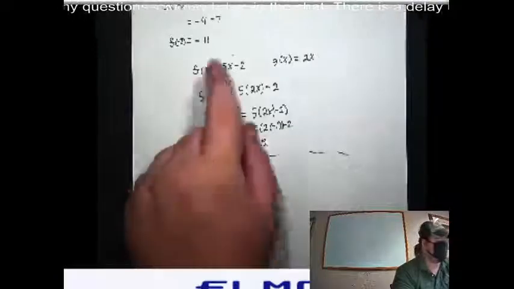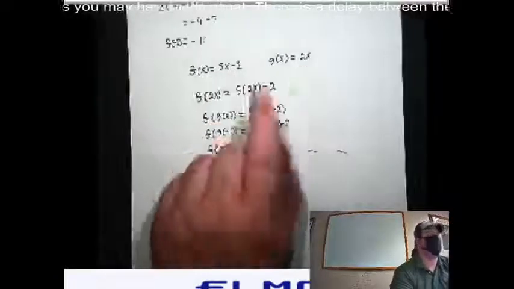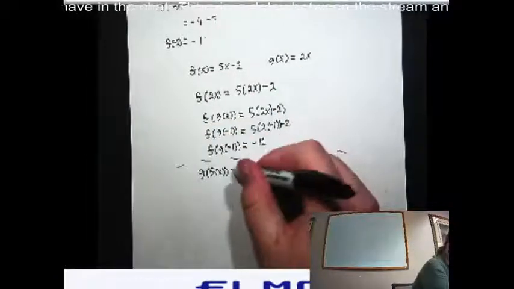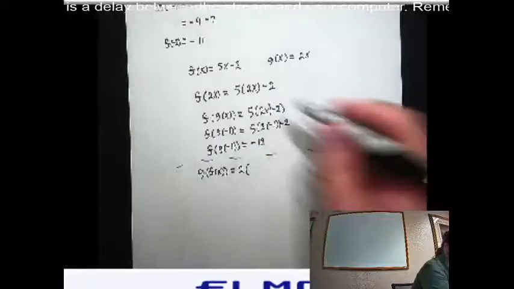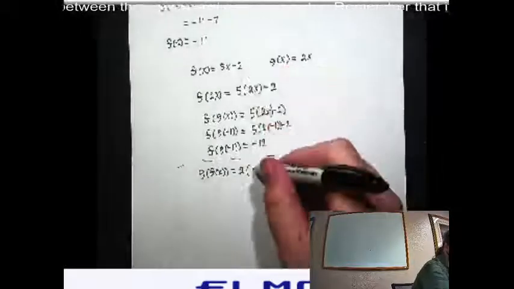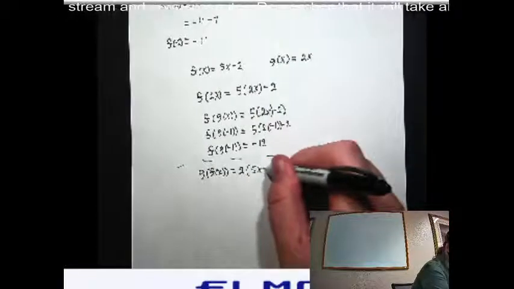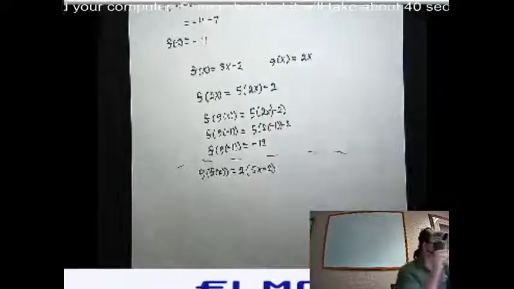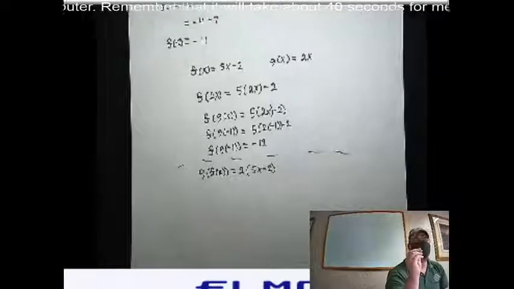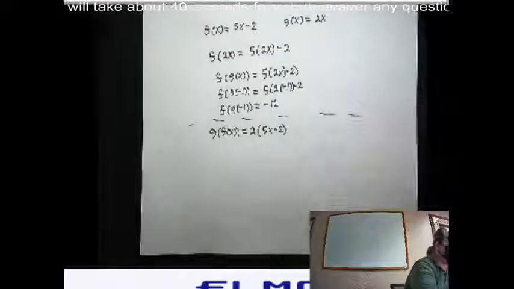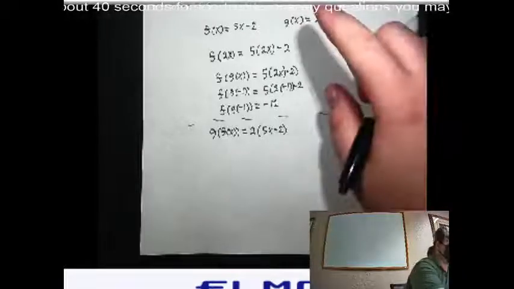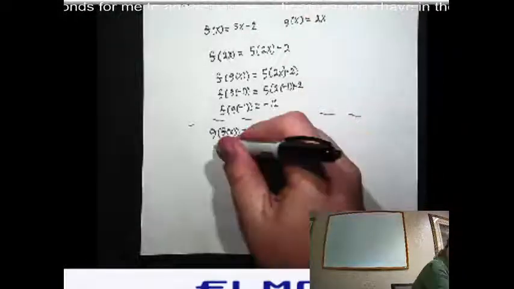Okay, so again, we're going to take this one and put it into here. So that means we have 2x. Well, x is the thing we're plugging in for, so this 5x minus 2 goes in here. Does that make sense? Yeah? Okay, good, good.